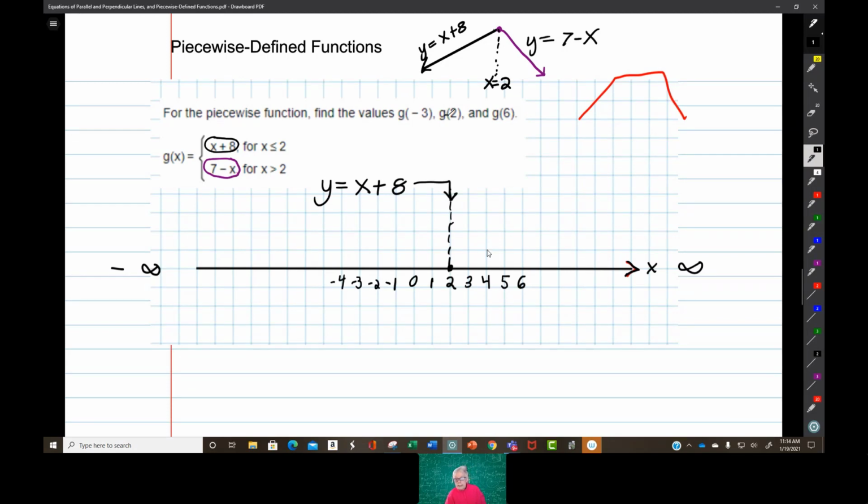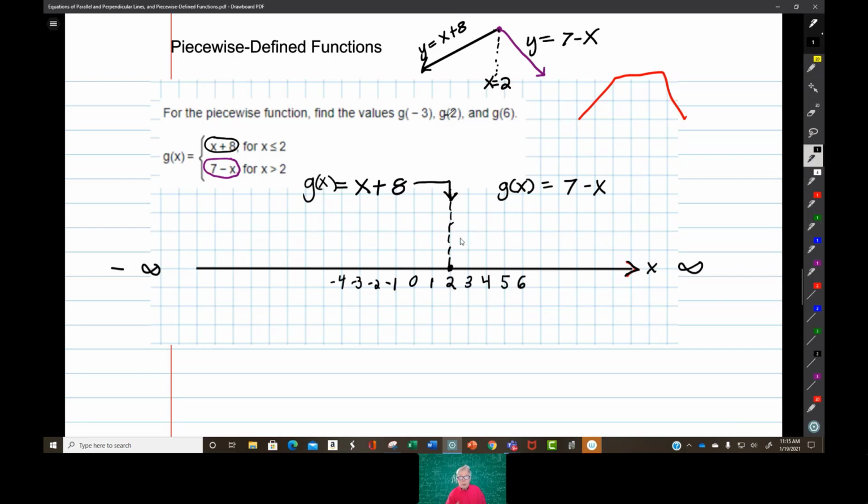Now over on the right side of x equals 2, we have y equals, let me call it g of x because that's what it is. But g of x is just y. Okay, and g of x equals 7 minus x. These are the two parts of g of x, and it all depends on where they're located with respect to the number 2 on the x-axis.